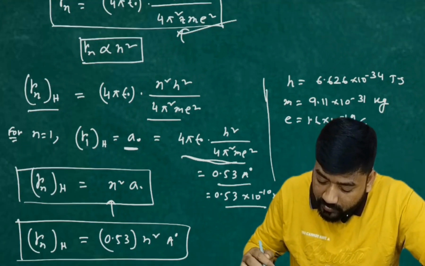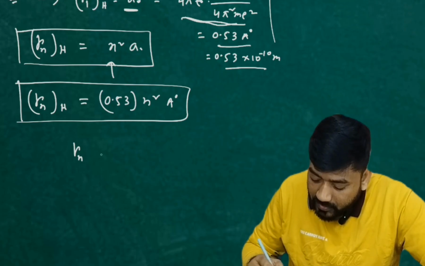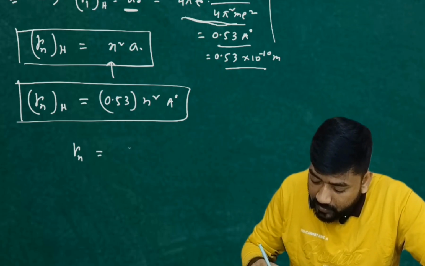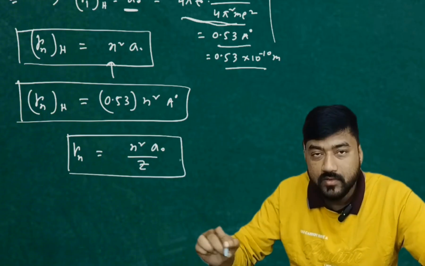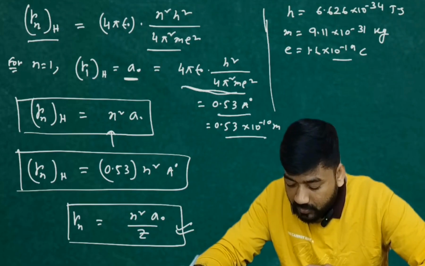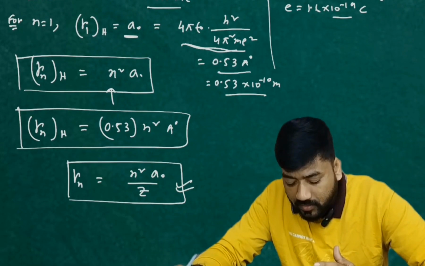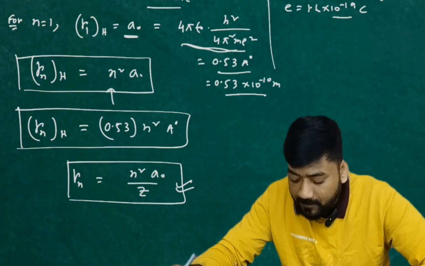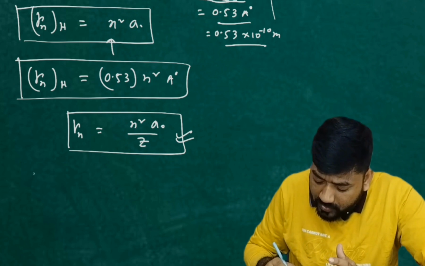So in general, how can we write this equation? In general this Rn can be written as n square into a naught upon Z. This is the general equation for the radius of the nth orbit. General means besides hydrogen, if there is any one electron system, for example helium plus.